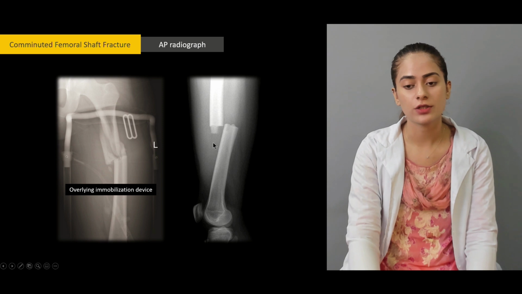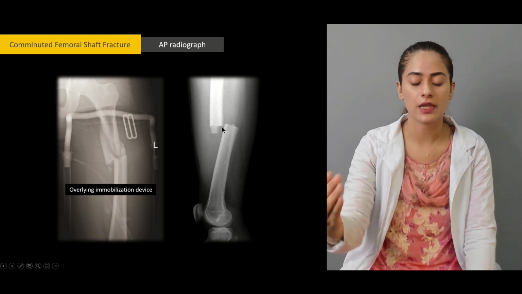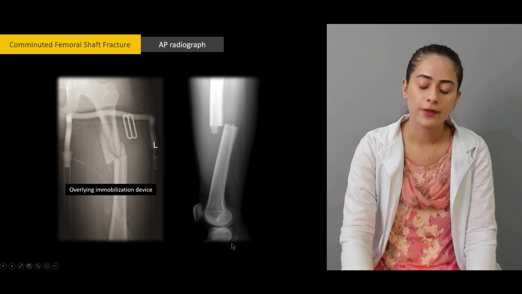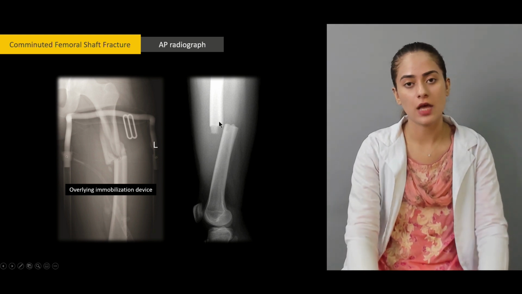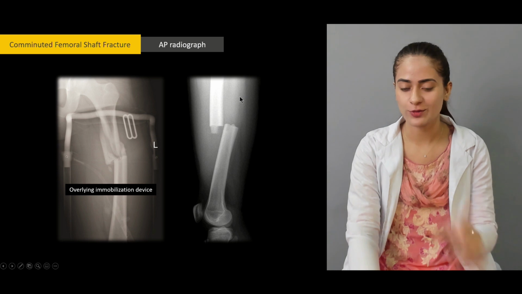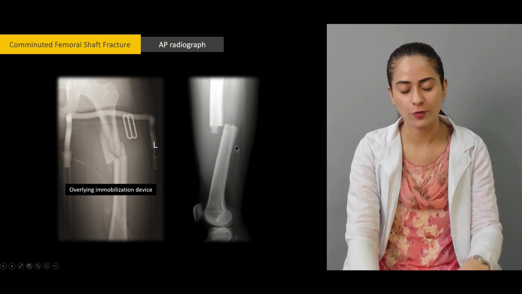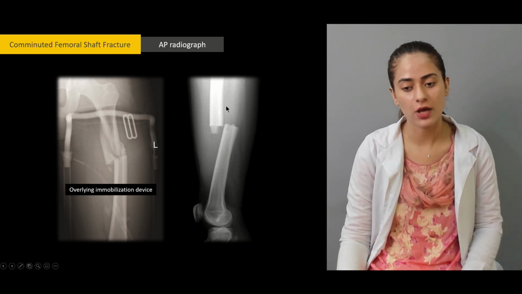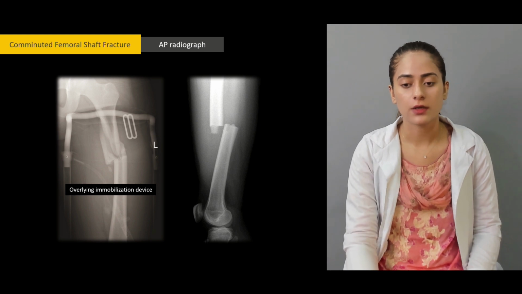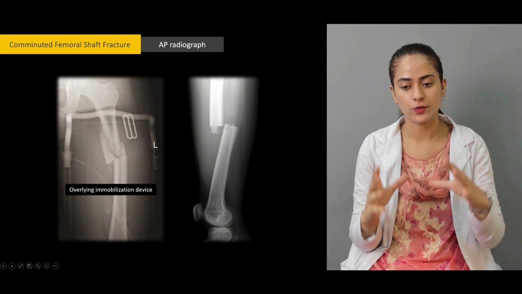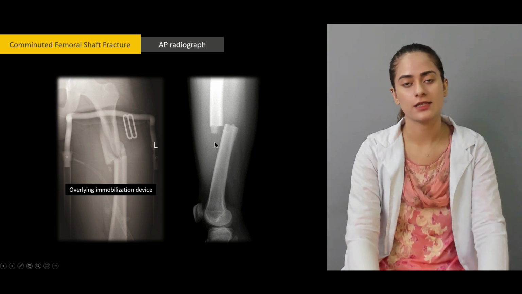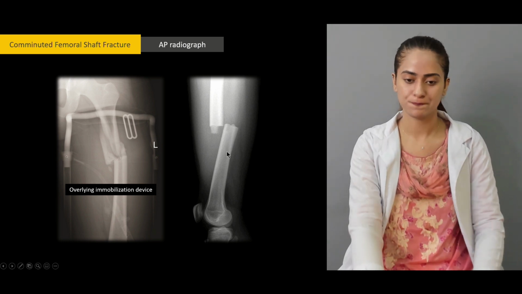So this is a comminuted fracture of the shaft of the bone. This is a lateral view. It is probably that the patient is lying down and it's not weight bearing. First I thought it was weight bearing, but it's not. It's actually somebody who's lying, and the lateral aspect of their thigh has been focused, and then you have this lateral radiograph.